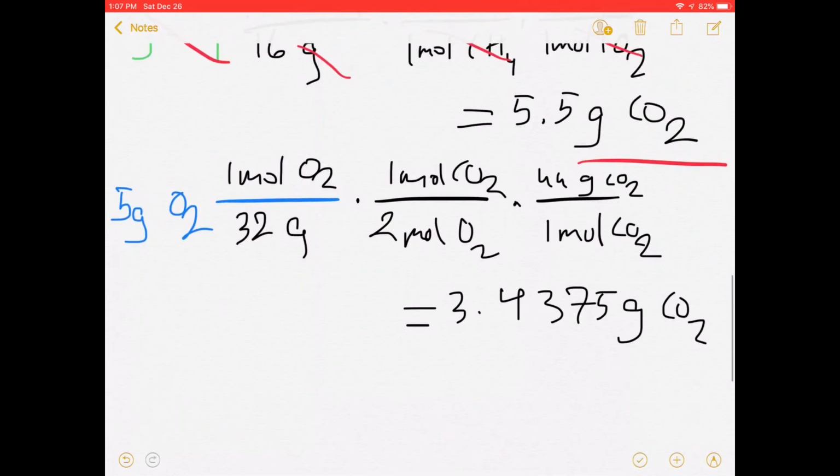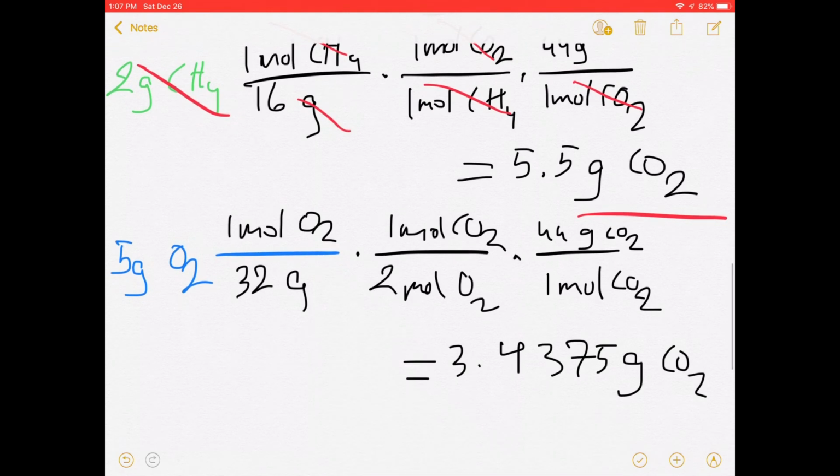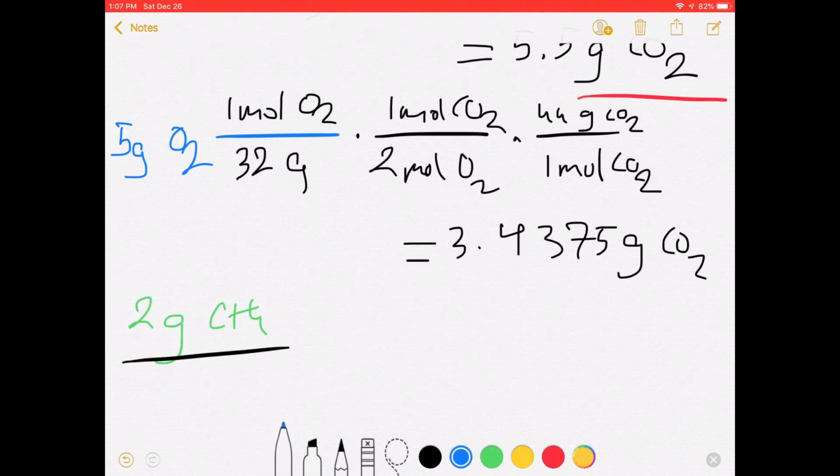So now let's compare the amount of product that we've gotten from both sides. In a column right here, I'm going to write the 2 grams of CH4, and in the other column right here, 5 grams of O2.